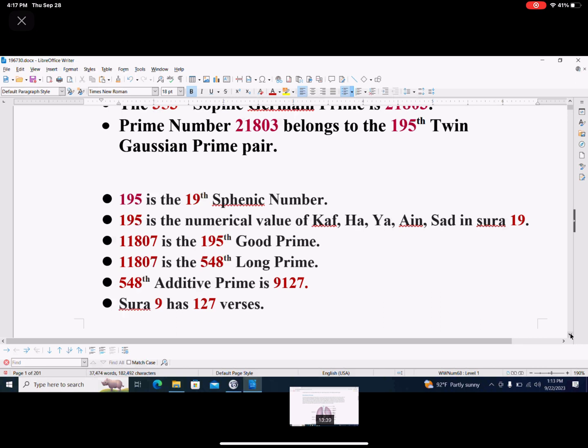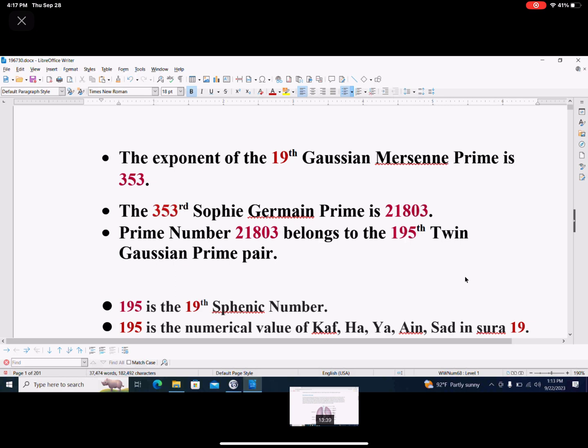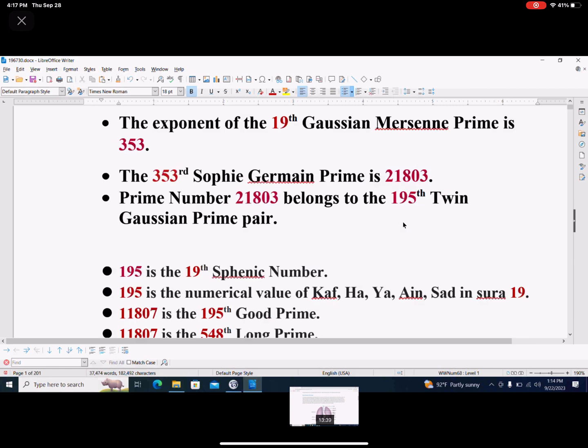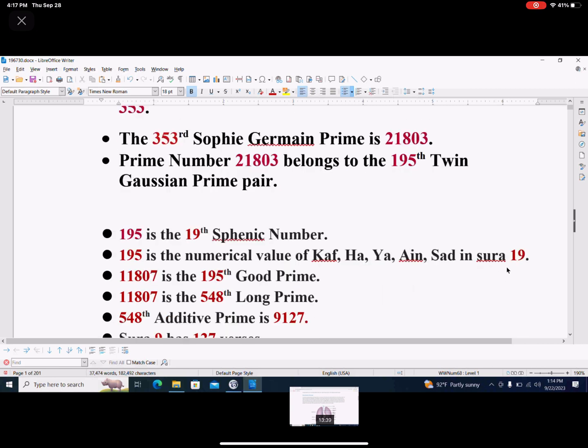Okay? See, what it does actually, the first thing that it did, okay, let me just put it this way. When you do this, I didn't mention here, 353 actually happens to be the number of Hamim in chapter 42. So what that number of Hamim does, it connects 42 to 19.